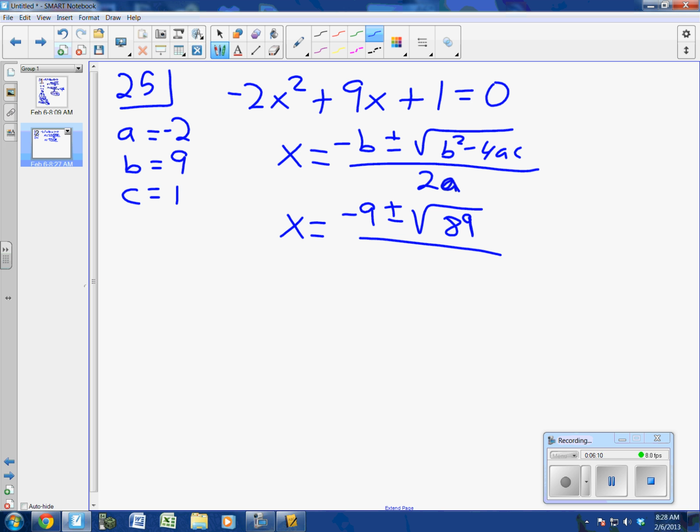That was the discriminant assignment. Okay. What goes right here, Kai? Negative 4. Okay, now, if you look at this, you guys, does 89 break down? In fact, I think 89 is a prime number, isn't it? Okay. So guess what? That's our answer, because it doesn't simplify. Okay?